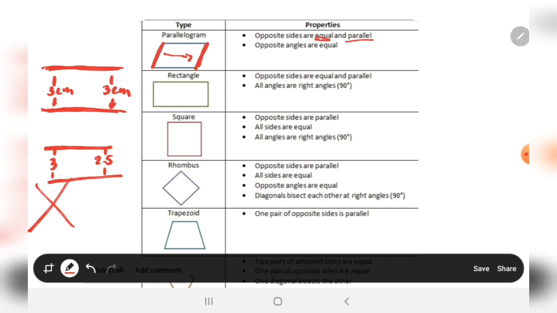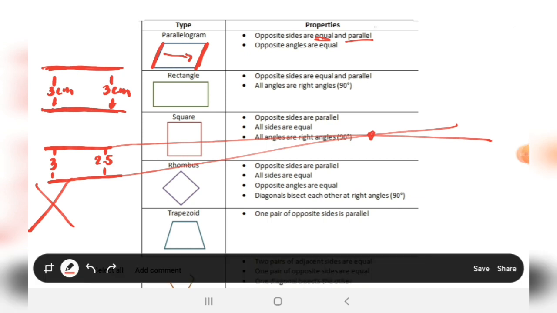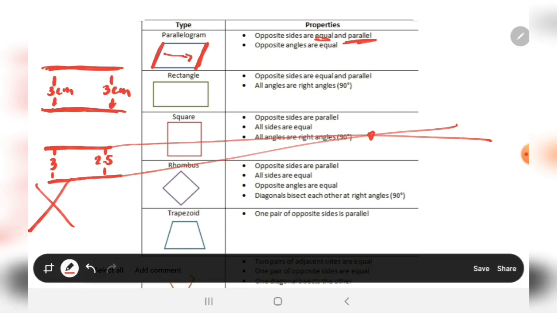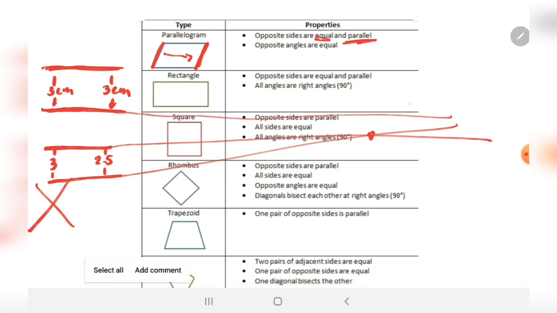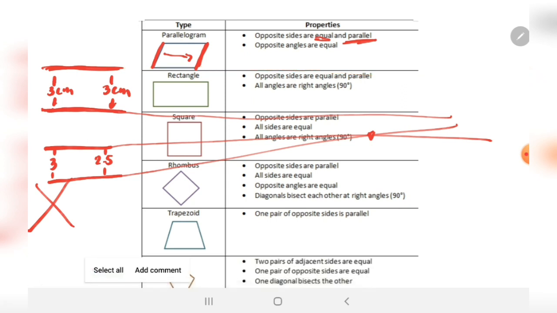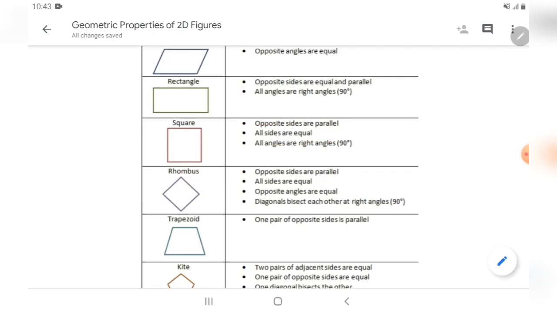This is not parallel. Why? Because if we continue this line, maybe in the end they will intersect. Remember that in parallel lines, they should have the same length like this, so that they will not intersect in the end. Okay? Next.